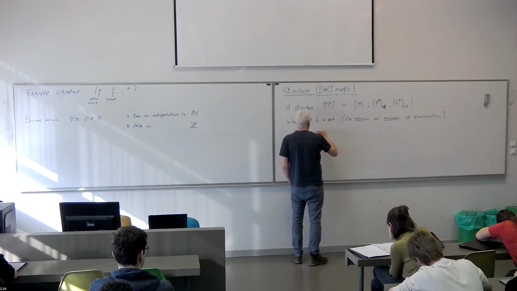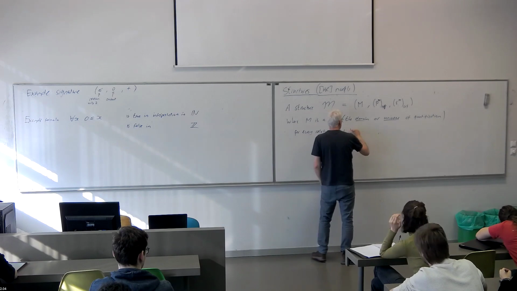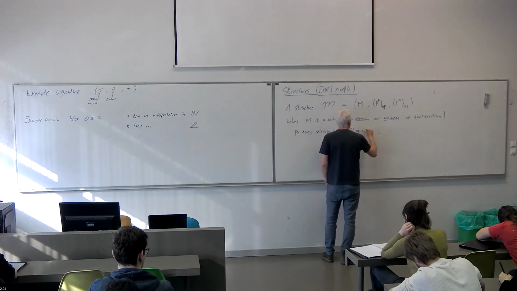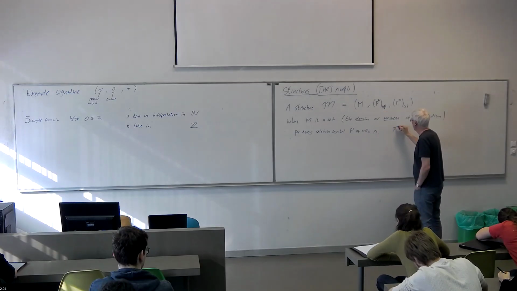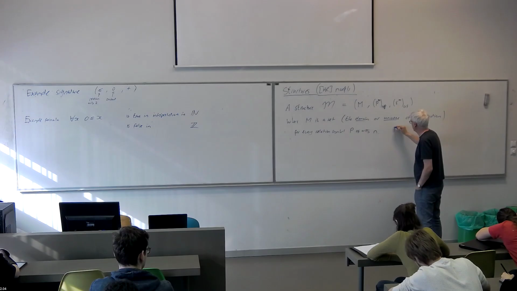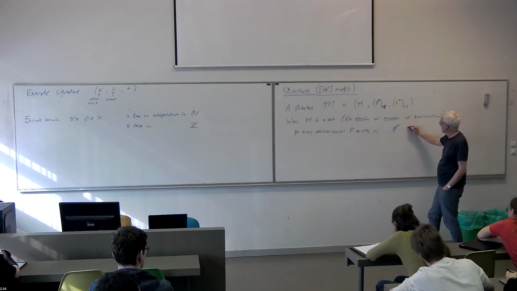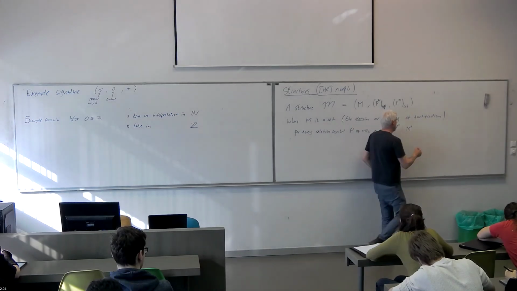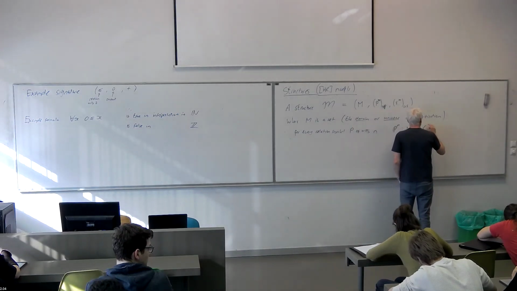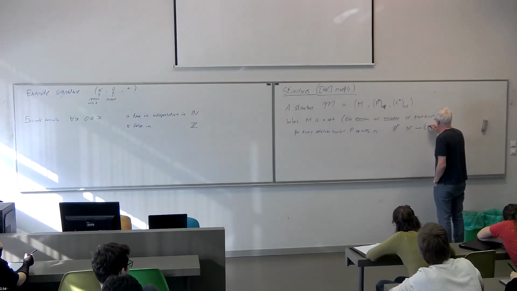For every relation symbol P of arity n, its interpretation, P sub M, is a function that maps n-tuples of elements of the universe to the set true and false. So it just gives them truth values.